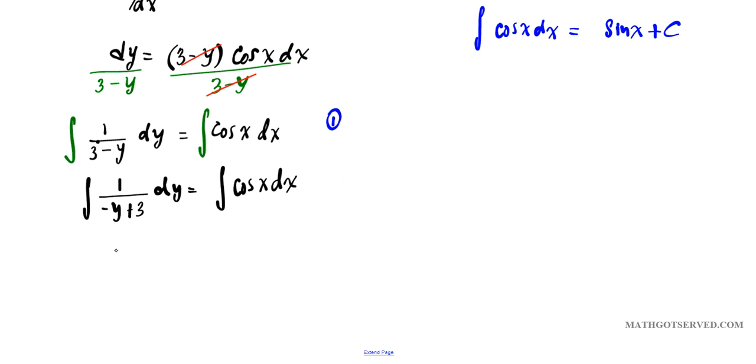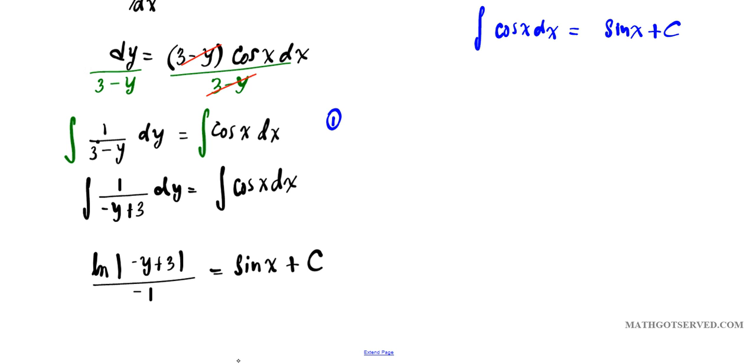The left side, if we integrate that, we have the natural logarithm of the absolute value of negative y plus 3 divided by negative 1. Don't forget that, okay? Because you have a negative 1 as the m here. That equals the integral of cosine x, which is sine x. And don't forget our plus c. This c is a composite c, a combination of the c from the left and the right side.